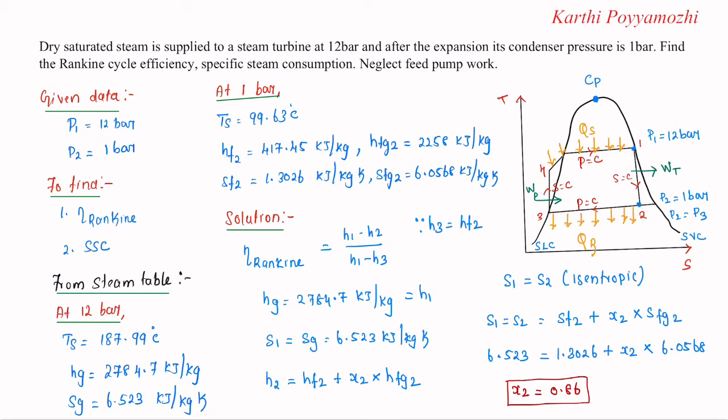Therefore, the values calculated for state point 2 will be equal for state point 3. The only difference is that at state point 2 the steam is in a vapor state, and at state point 3 the steam is in a liquid state. That is, there is a phase change, and the steam is converted into water. Therefore, H3 can be taken from the value of hf2, so both values will be equal. That is, H3 is equal to hf2.